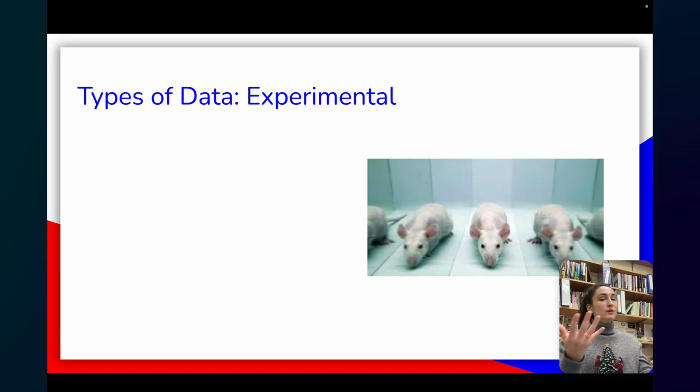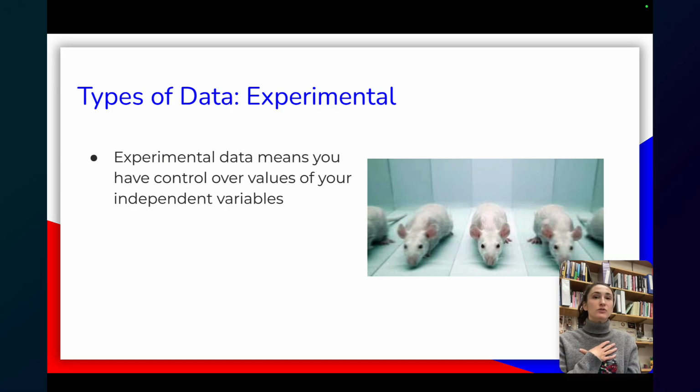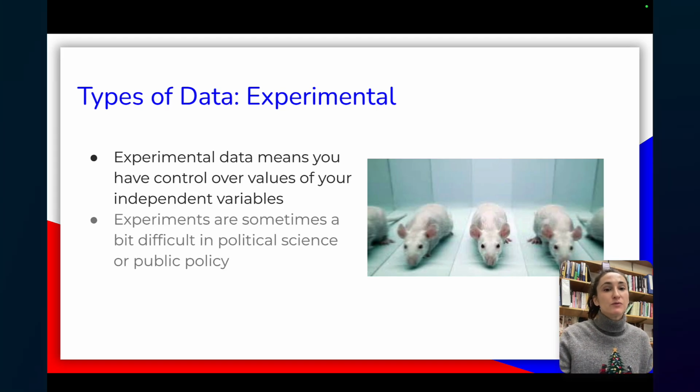Now, we also have this other kind of data in political science, in public policy, and public administration called experimental data. And experimental data means that I, as the researcher, or we as our research team, have control over values of your independent variables, right?